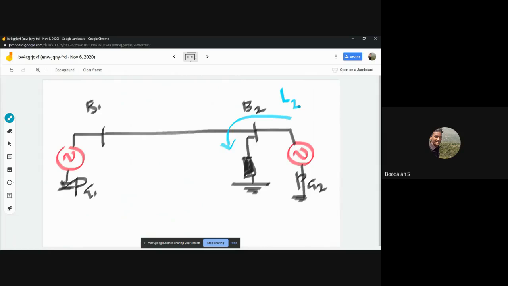Why? Because generator 2 is going to share more load, and in the same way it's going to consume much more energy cost, because it's going to spend more energy. That's why the fuel cost is also much higher, since this generator is sharing a much larger amount of load. The cost factor and the generating capability are also much higher.